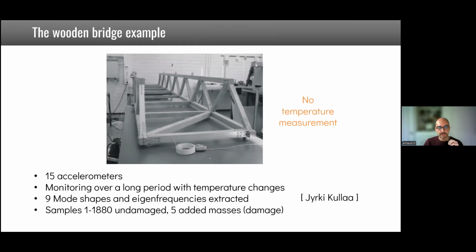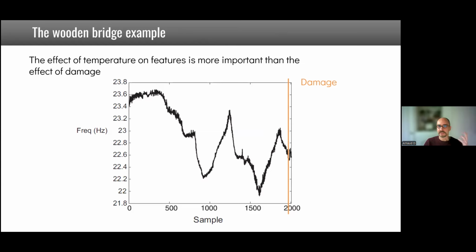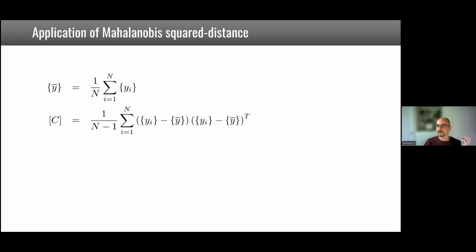Because if you remember, we had 9 modes, and on each mode there are 15 accelerometers, so 9 times 15, plus also the natural frequency. And the mode shapes are complex, so it's 18 times 15, if I remember well. Anyway, we are at 261, so it's a very high dimensional space.